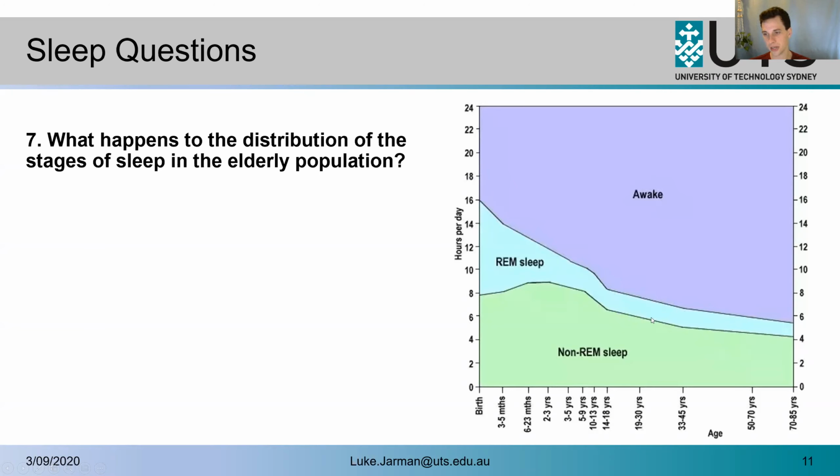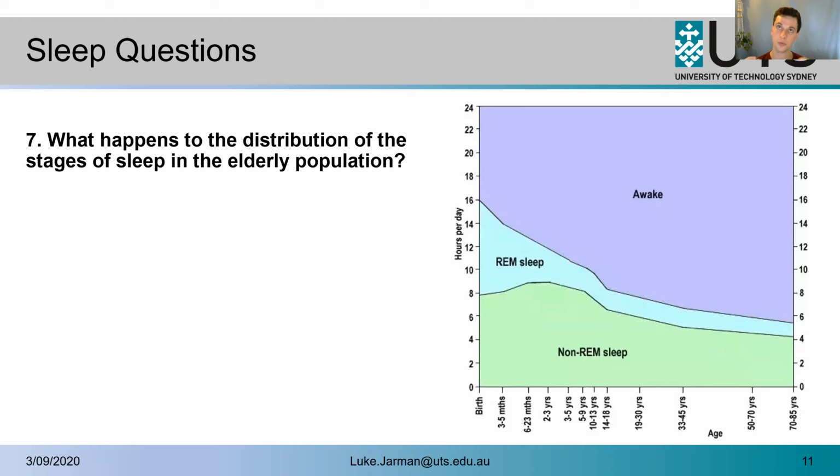Then as you get older, towards your adult life, you see more of a typical spend 8 hours sleeping, and you spend about 2 hours of that in REM sleep. And then as you get into your elderly stages, you spend a lot of time being awake, and you see some really interesting things happening with your sleep schedules as you get older.